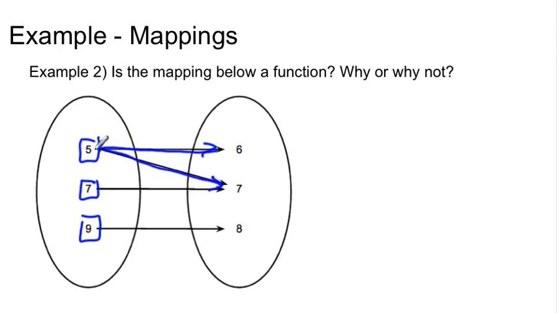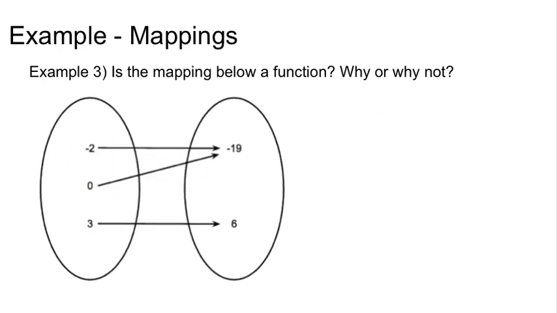There are 2 connections between this domain and range values. So we would say that this is not a function, and the reason is that 5 in the domain connects with more than one element of the range. It connects with both 6 and 7. So this is not a function because a domain repeats with 2 ranges.